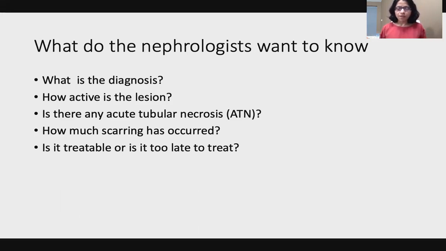That will also tell them whether they should treat the condition aggressively or they've missed the boat and probably start preparing the patient for dialysis. So at the end of the day, they want to come to the conclusion: is this condition treatable or not?